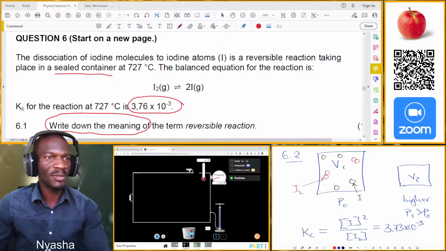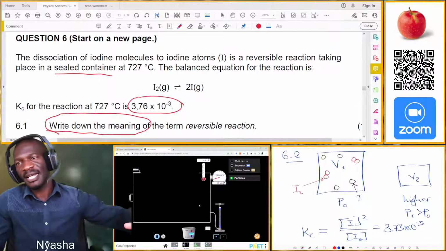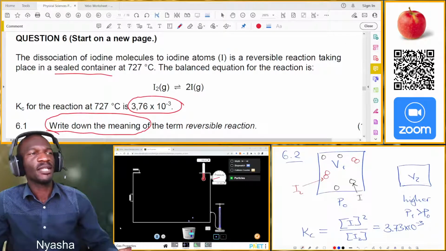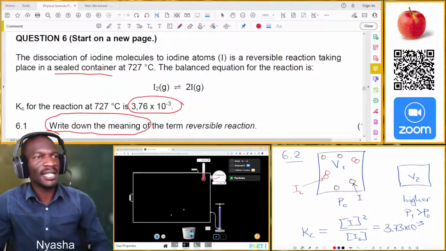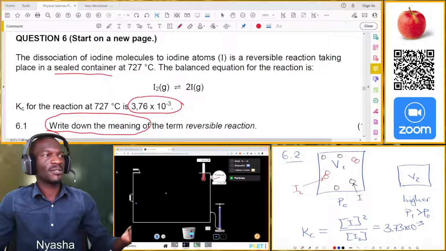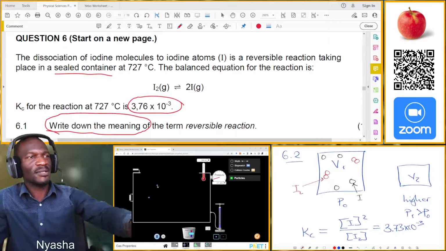To demonstrate sealing, when I was opening this, you saw that the gas particles escaped, right? If I pump just a little bit, can you see, if we have a container that is not sealed, then our gas particles will escape. There's a gas particle. This one is likely to escape, isn't it? Look at that.